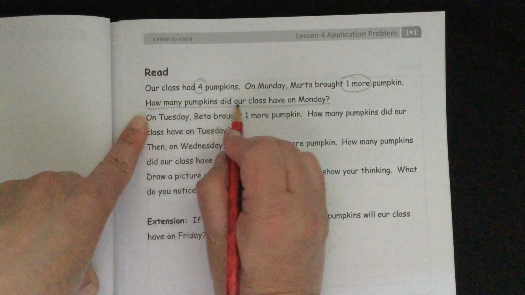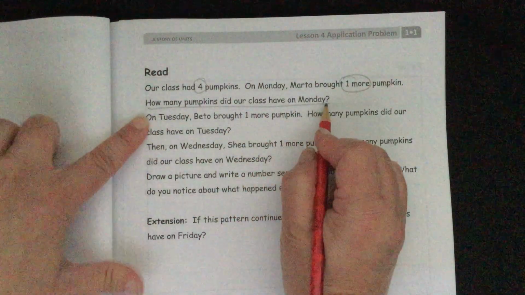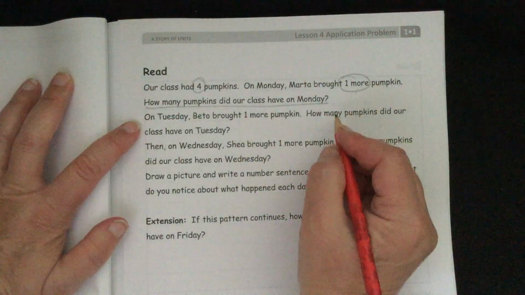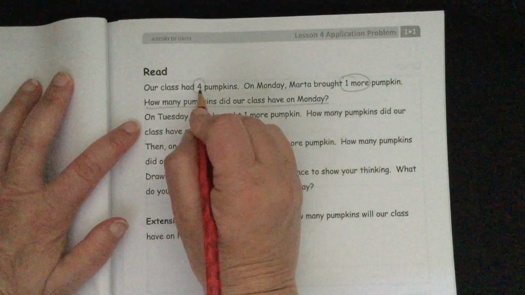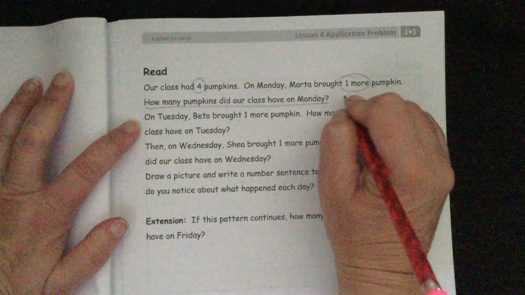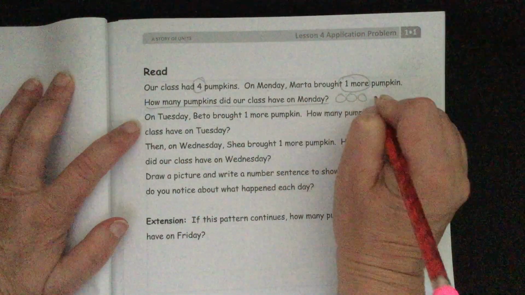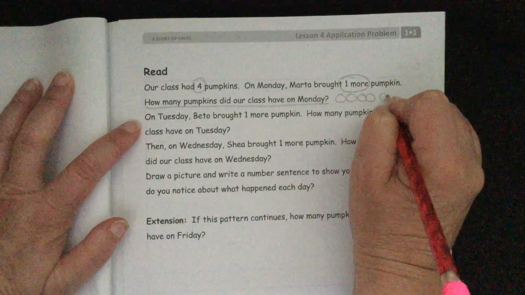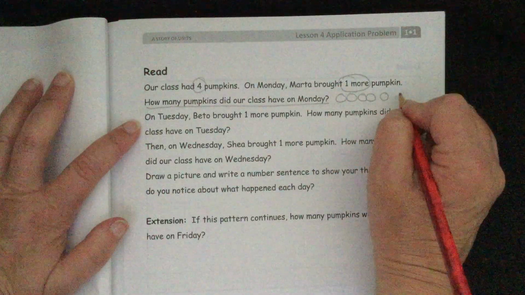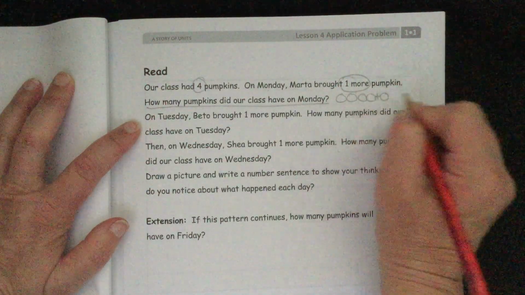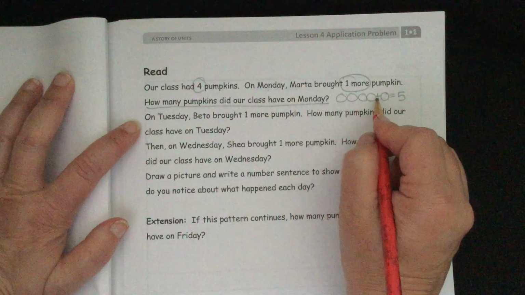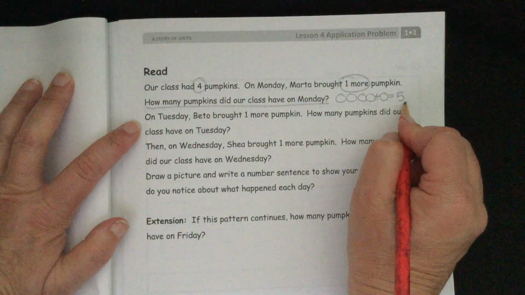We're just going to do a part at a time, step by step, and it'll be easy. So 4 pumpkins: 1, 2, 3, 4, and 1 more. So we have 4, 5.